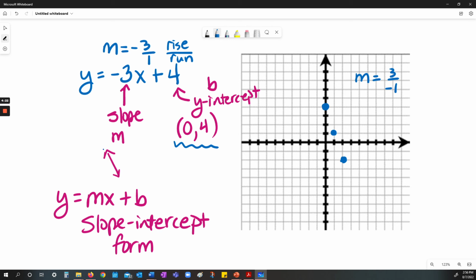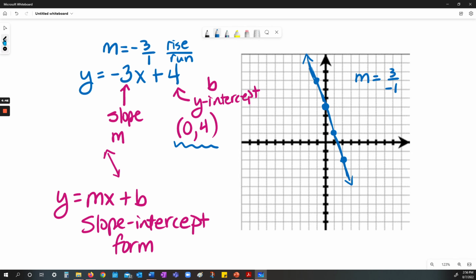That still simplifies to negative 3. So I could go up 3, left 1, and I'm still on the line. All of these points are what we would call collinear, meaning they are all on the same straight line. And notice we have a descending line because our slope was negative.